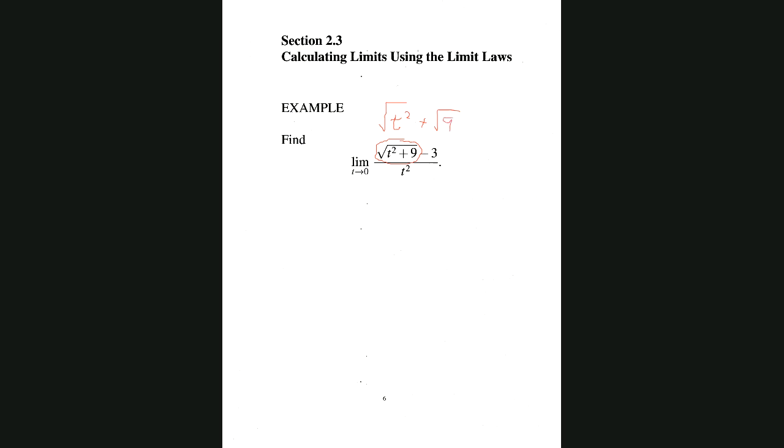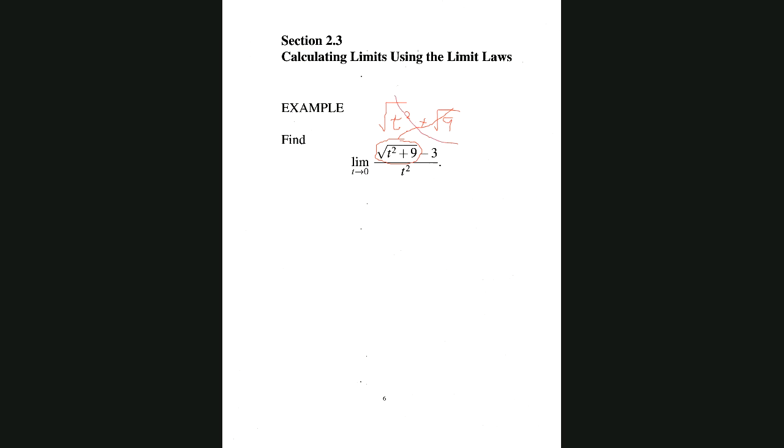Can we do that though? Is the square root of t squared plus 9 equal to the square root of t squared plus the square root of 9? No. It would be lovely if we could do that, but we can't.